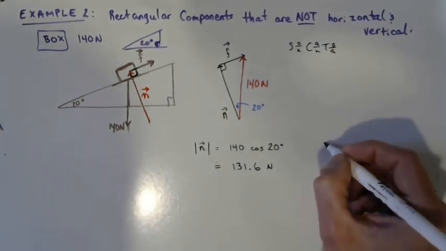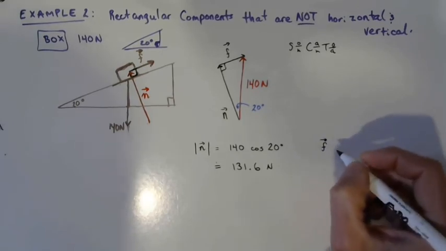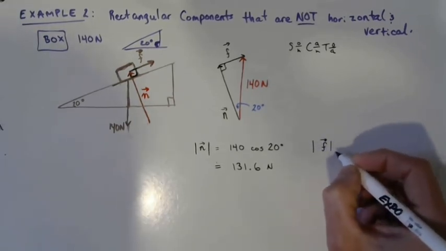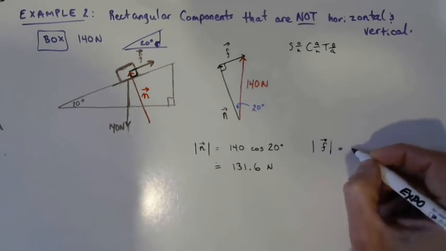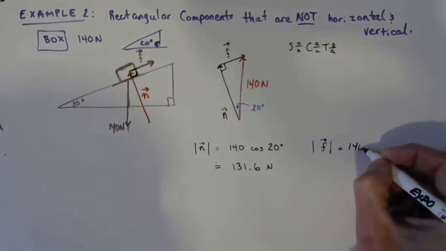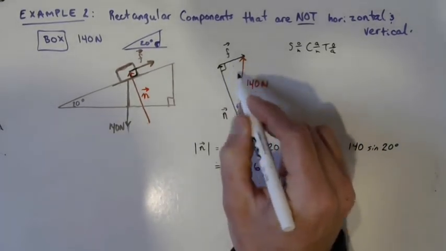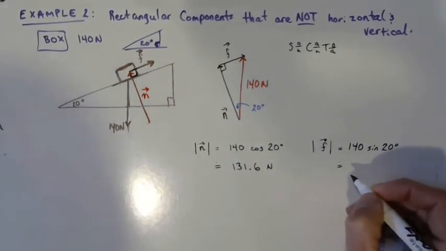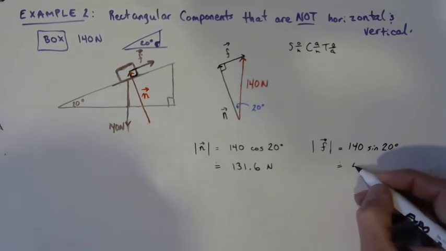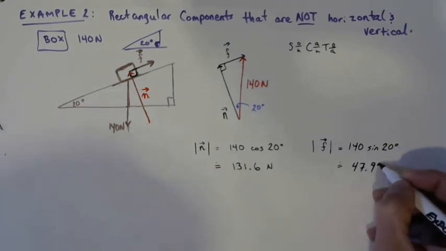And then for our friction vector, the magnitude of it, that's going to be 140 times the sine of 20, because we're dealing with opposite and hypotenuse, which is approximately 47.9 newtons.